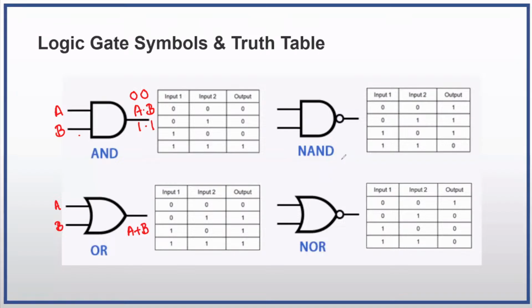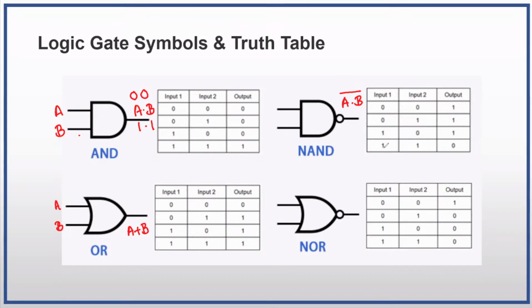We can derive NAND and NOR from these. So how can you get that? Just get the complement of this AND gate. Then you can have the NAND gate.